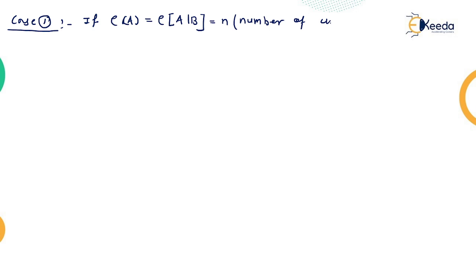So let me start with case number one. If the rank of matrix A is equal to the rank of augmented matrix AB, and that is equal to, suppose, n, where n is the number of unknowns. Means if the rank of matrix A is equal to the rank of the augmented matrix AB, then the system has a unique solution.